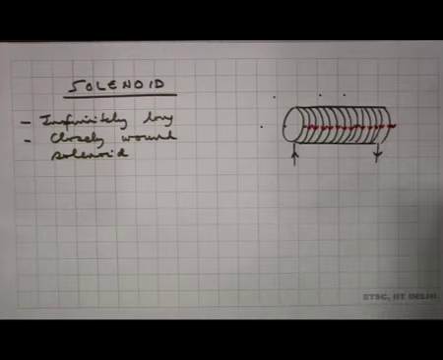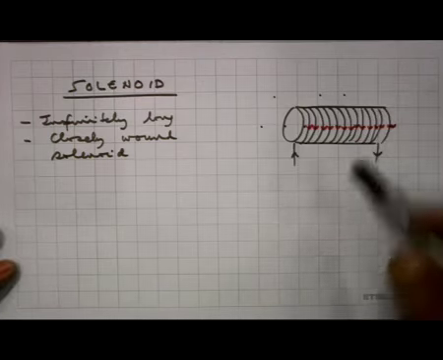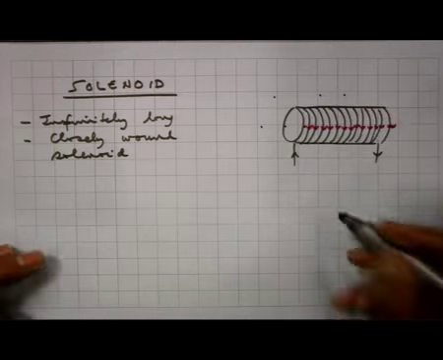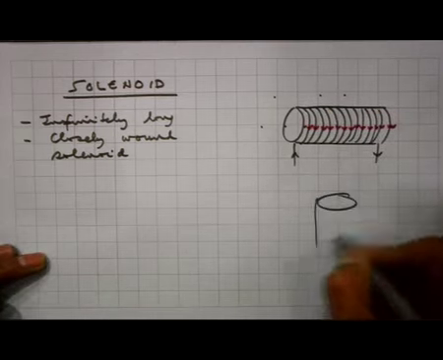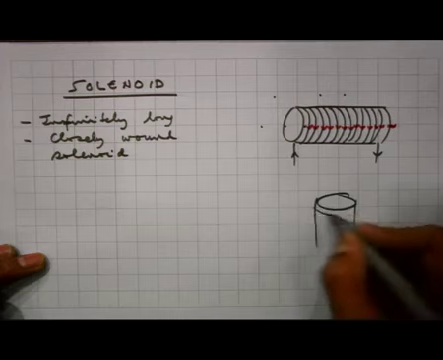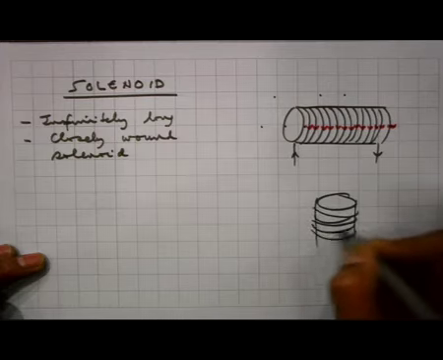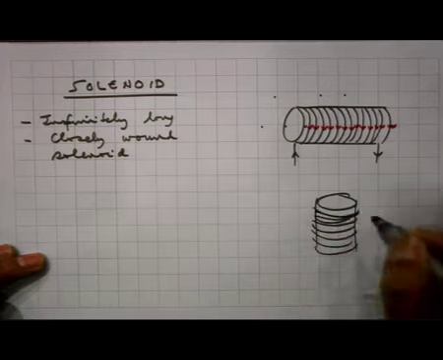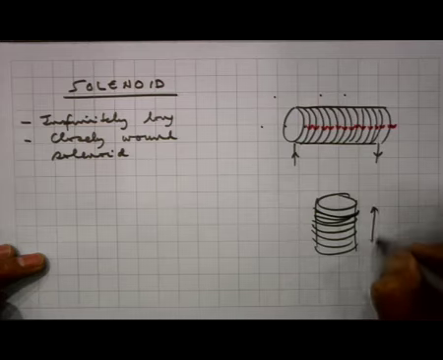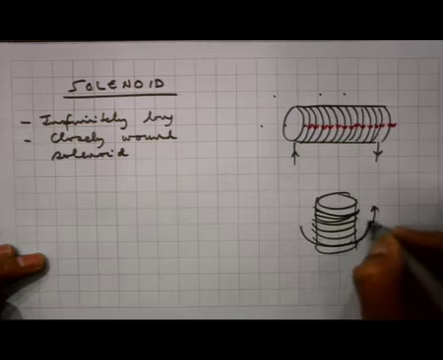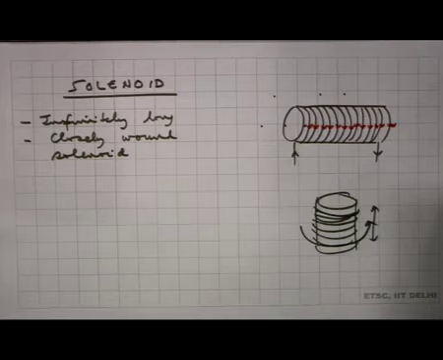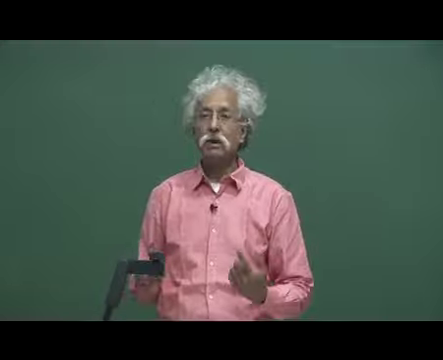Also, if the windings are very close, then there can be no dependence on the angle. If I draw the solenoid like this, and the coils are carrying current like this, then there can be no dependence on this coordinate and no dependence on this coordinate. As you go around the solenoid, the magnetic field must remain the same if the winding is very close.